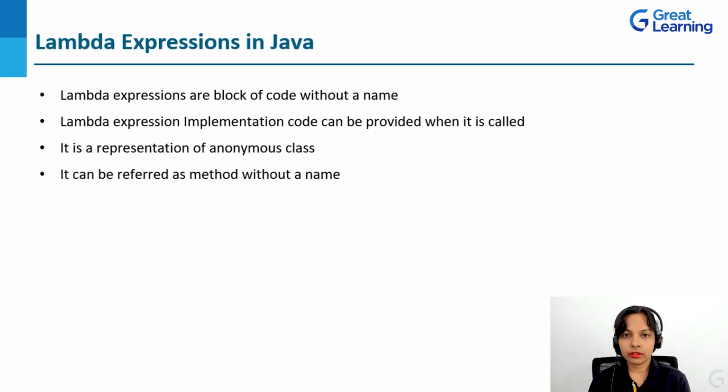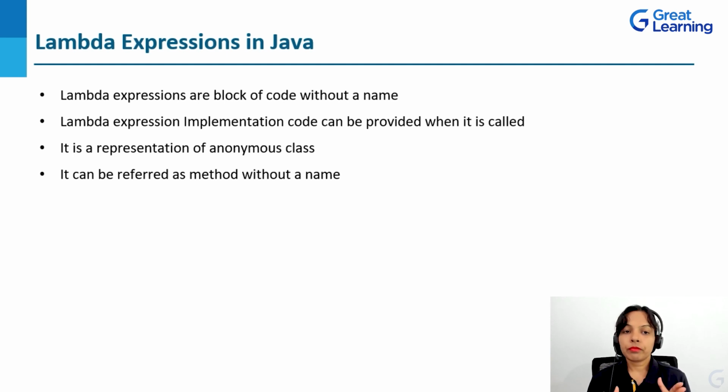This is what I meant when I said lambda expression implementation code can be provided where it is called. Now, it represents an anonymous class. Anonymous class meaning a class without any name assigned to it. The anonymous class concept is there in Java. So a lambda expression also is not given any name.